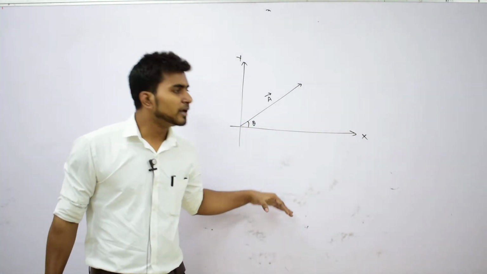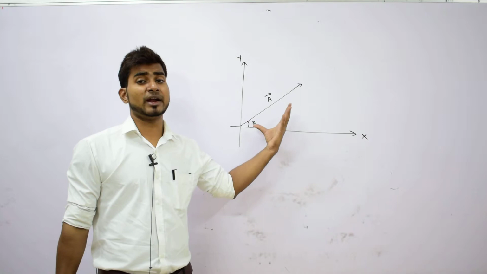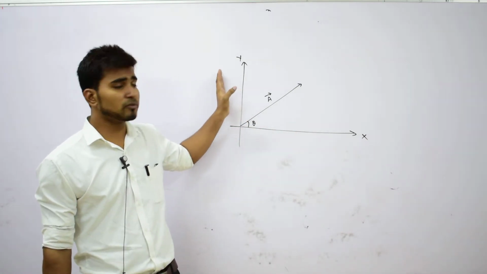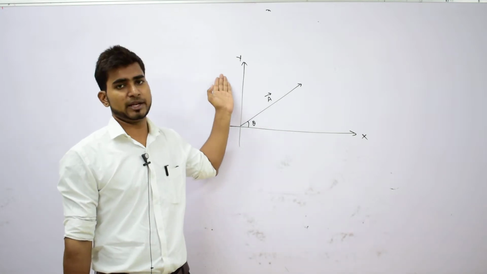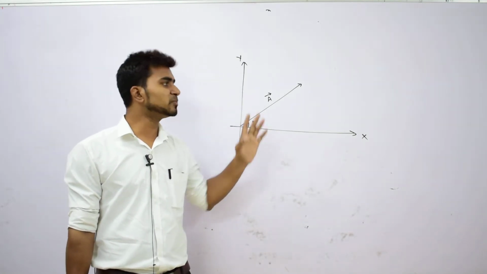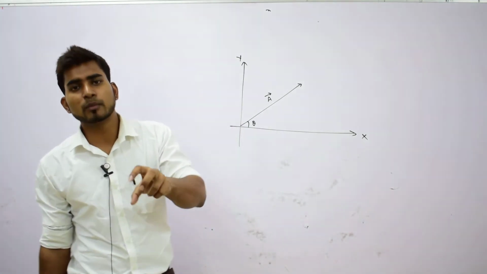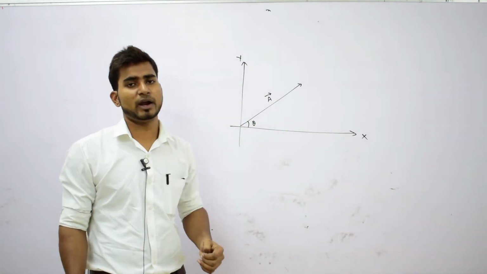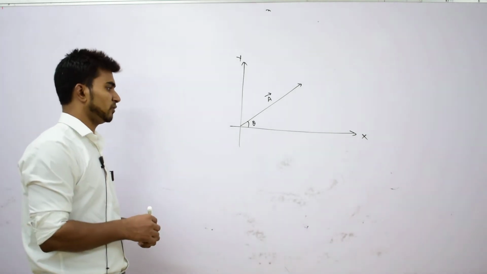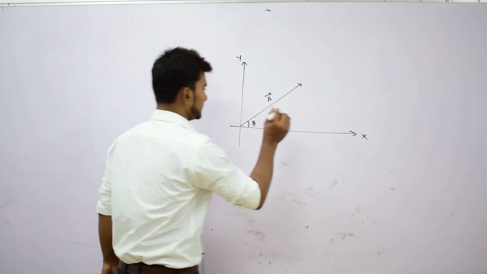If we need to project this vector in the horizontal and the vertical direction, or you can say in the x direction or the y direction, we can project this particular vector into its horizontal component and vertical component. How? This you need to understand. Okay.